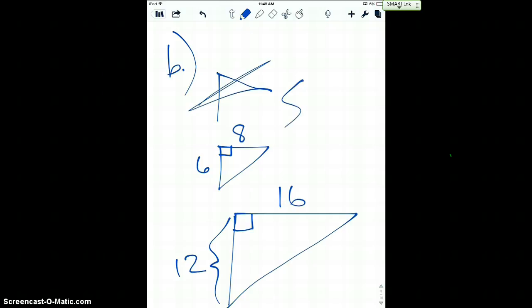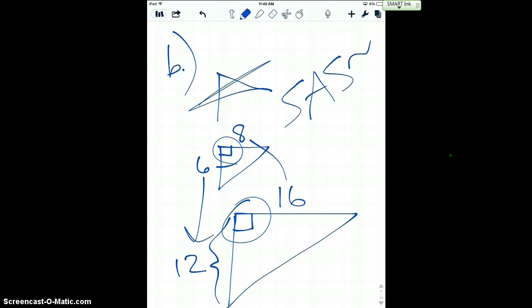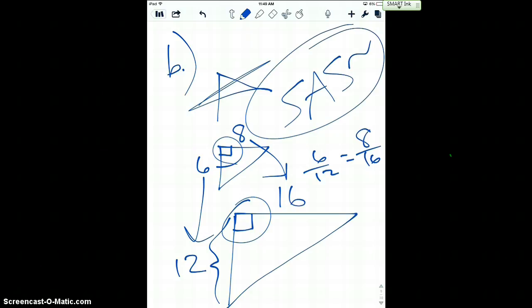So right away my mind goes to maybe it's side-angle-side similarity. In order to be that, I do have the included angle that's congruent. Are my sides in proportion with each other? Yes. So 6 goes with 12 just as 8 goes with 16. They're both a half. So we're good to go. And yes, they are similar.